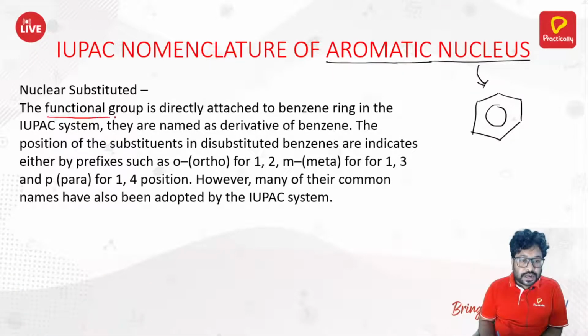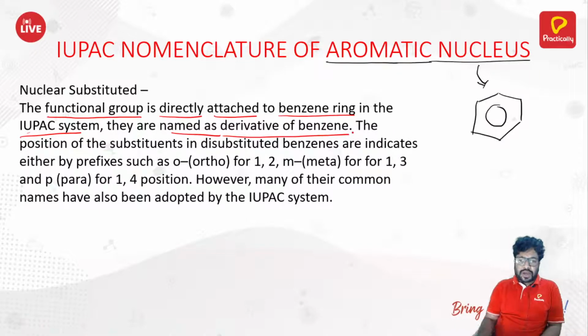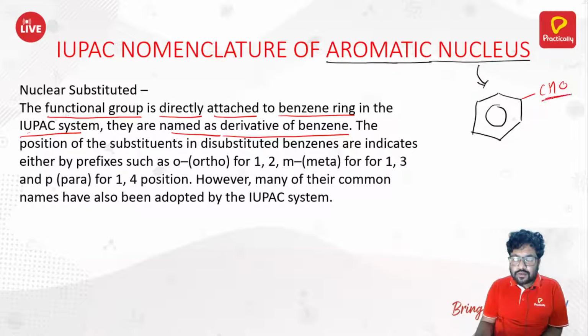See, when the functional group is directly attached to the benzene ring in the IUPAC system, they are named as derivatives of benzene. For example, if you got a CHO group here, then what do we call it? CHO group is aldehyde, right? And this is benzene.